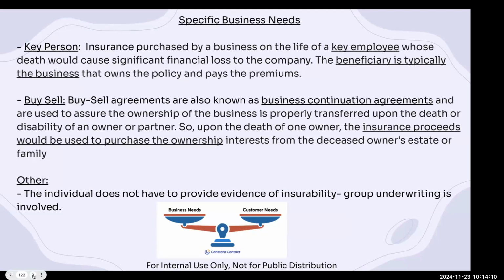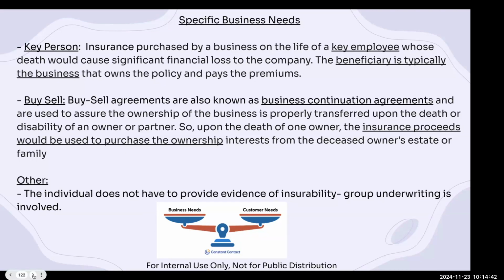We've previously looked at individual plans, like universal life and index universal life, etc. But we also have these specific business plans that we want to take a look at. We start off by looking at the key person policy. This is insurance purchased by a business on the life of a key employee whose death would cause significant financial loss to the company. So let's look at that first.